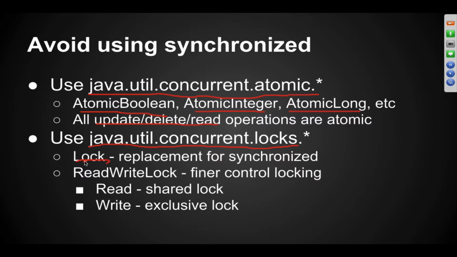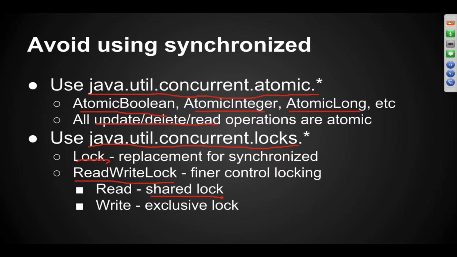Besides the mutually exclusive lock, you can also have a read-write lock. This read-write lock allows you to have finer control over how things are locked, because you can have a read lock, which is a shared lock. Shared lock means multiple threads can get the lock, and this is mainly for reading data.